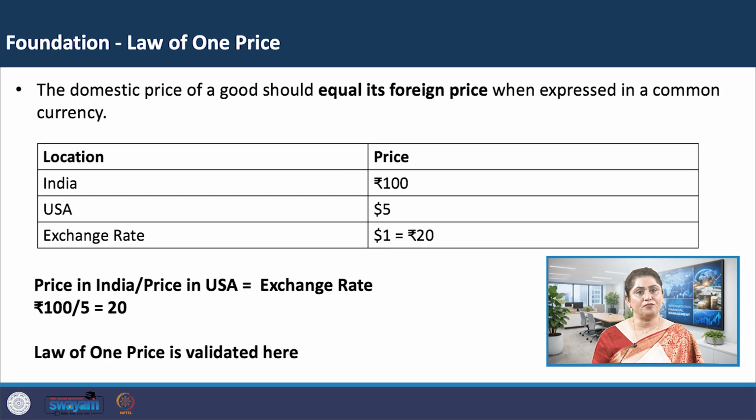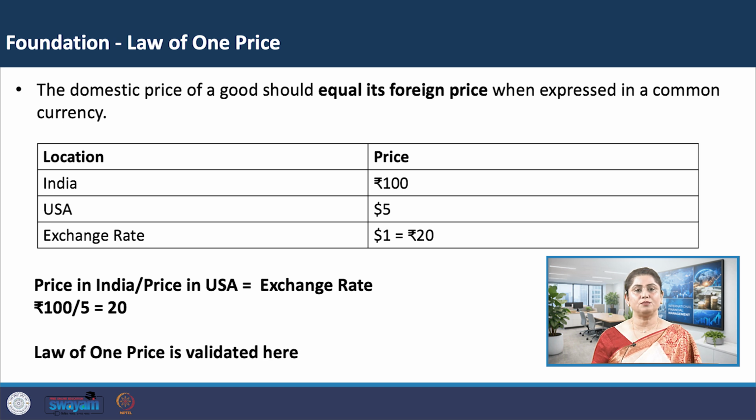The law of one price states that the domestic price of a good should equal its foreign price when expressed in a common currency. For example, let us say in India a particular good costs rupees 100, while in USA the same good costs $5.